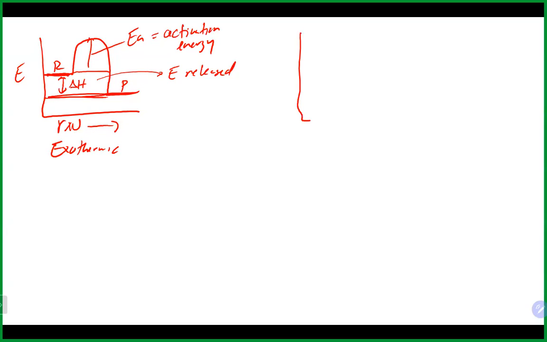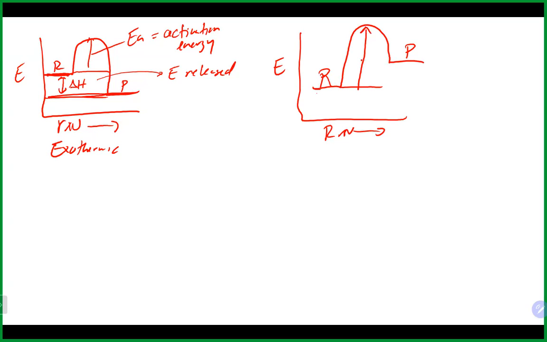Remember, our endothermic diagram looks a little bit different. That is where we have our reactants to our products. And as we talked about the other day, you can see that our activation energy here is much larger, because energy has to be put in to help everybody get up and over that much larger hill to get to the other side.